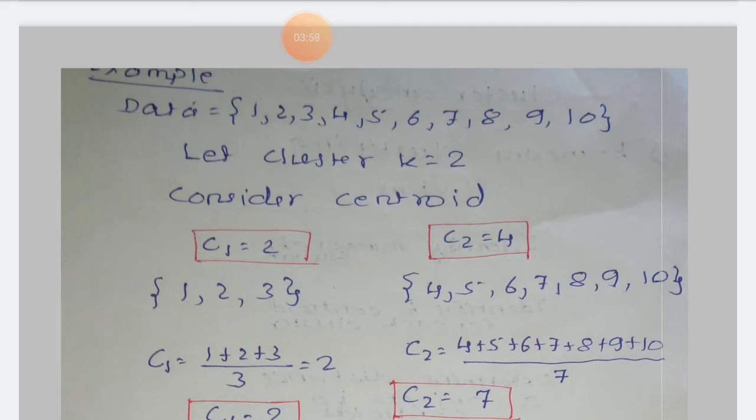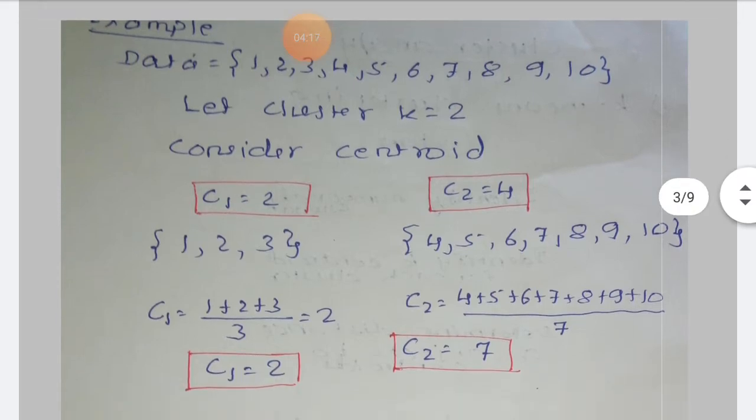Obviously all the points after 4 are nearer to 4 than to 2. So I am getting two cluster data points. In one cluster I am getting 1, 2, 3, and in another cluster I am getting 4, 5, 6, 7, 8, 9 and 10. Now these are the cluster data points after assuming the cluster centroids.